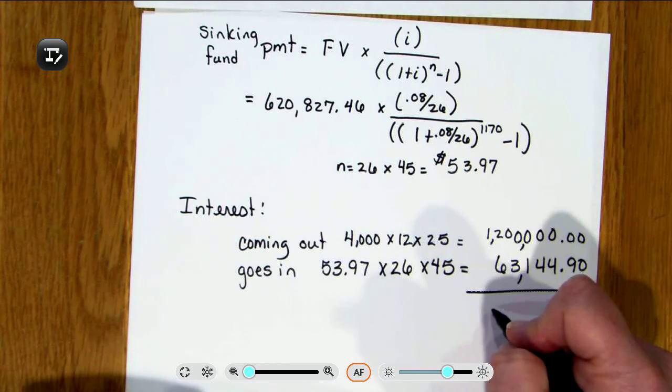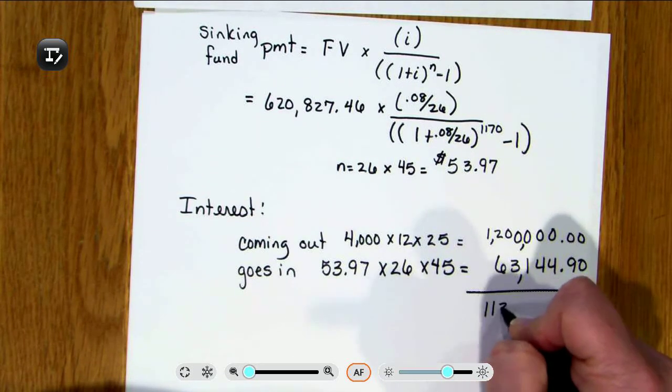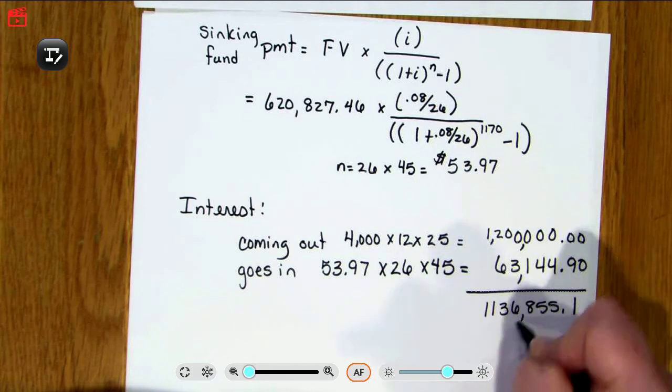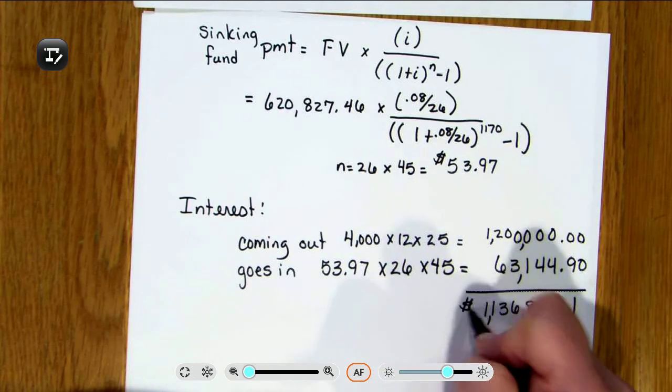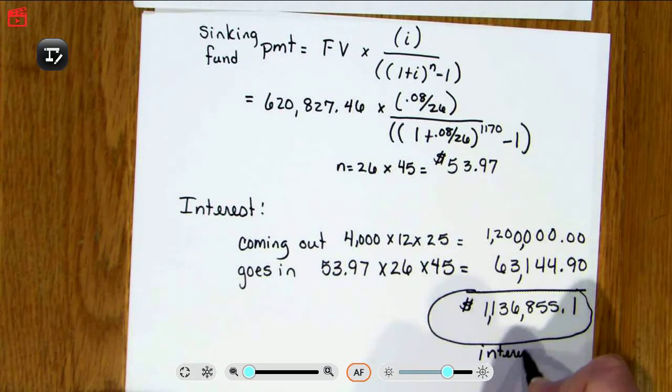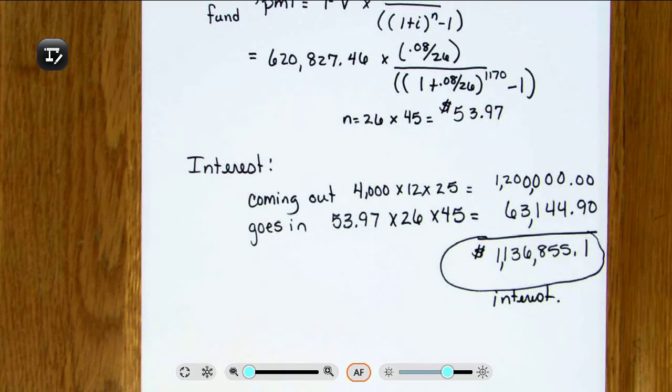And I have 1,136,855.1. Interest. This problem is going to earn over $1 million in interest.